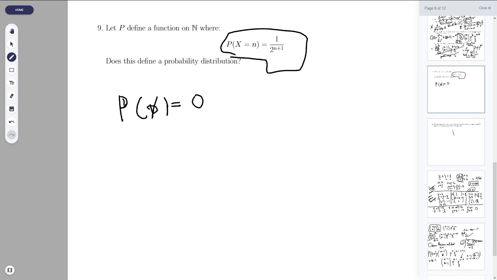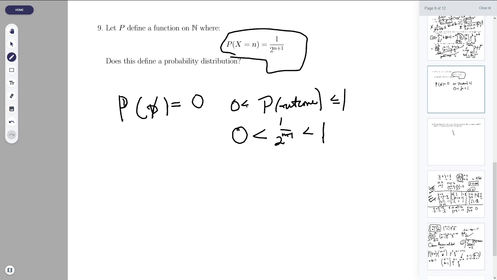And so we also need that the probability of any outcome is between 0 and 1, which is definitely true because 1 over 2 to the n plus 1 is less than 1 most of the time, in fact all the time, and it's always bigger than 0. So this is true.